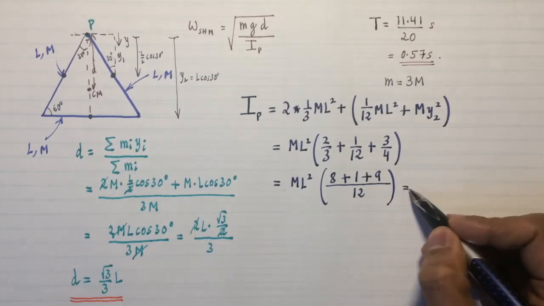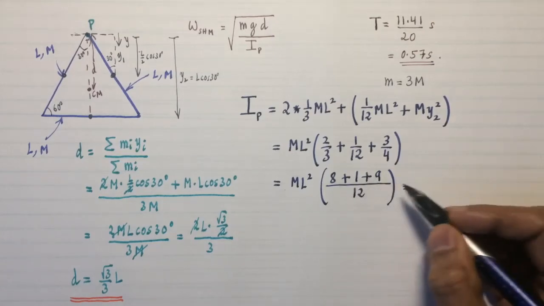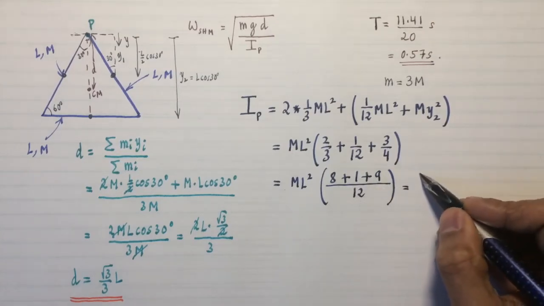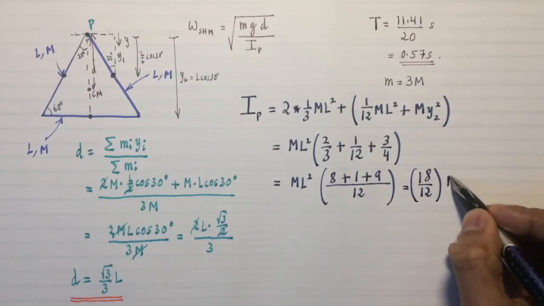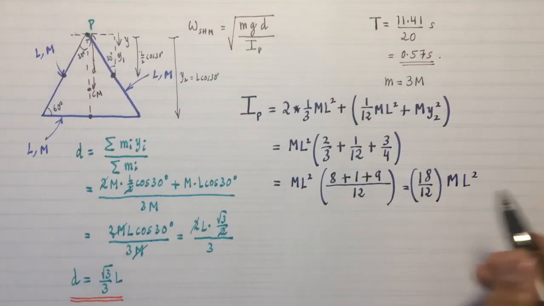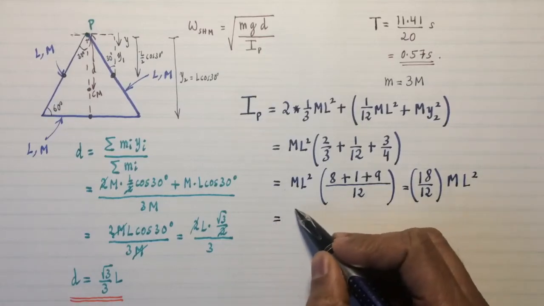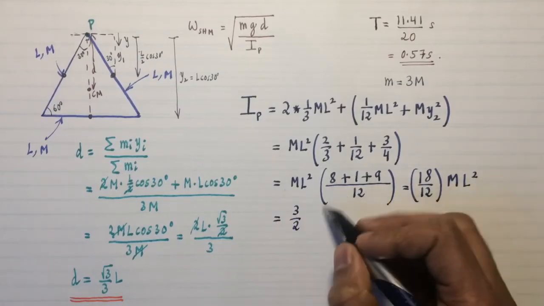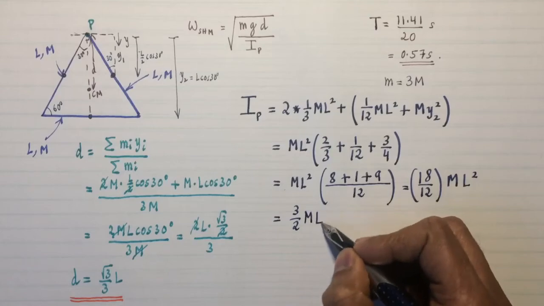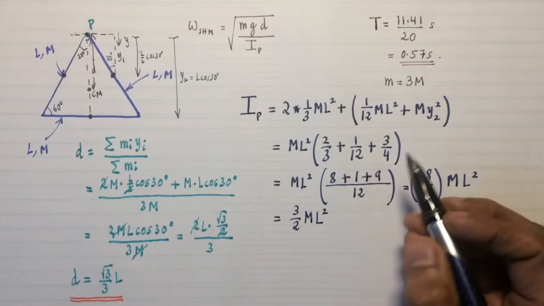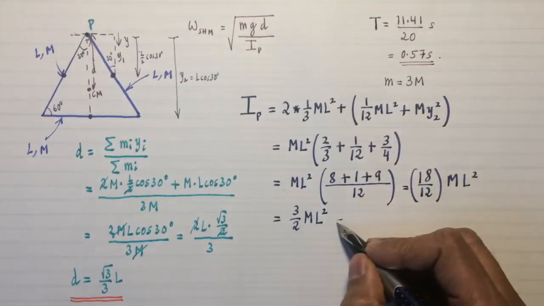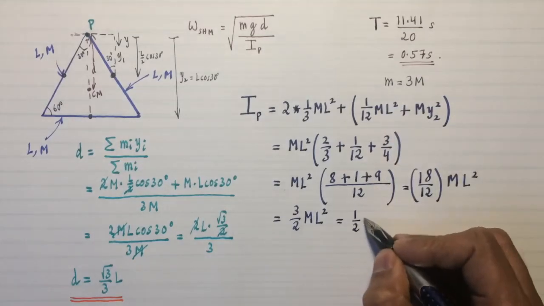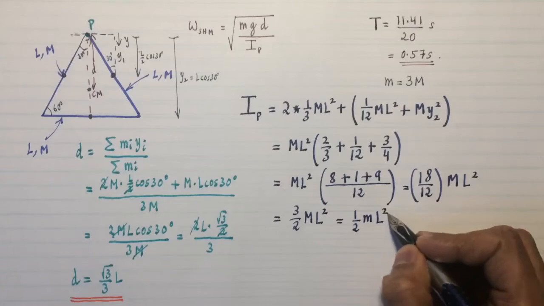All right. 9 plus 9, 18 over 12, times ml squared. Well, 6 divides nicely. So 6 3s are 18 and 6 2s are 12. Ml squared. It's now that I notice 3 times capital M is little m. So I'm going to write this as 1/2 ml squared.